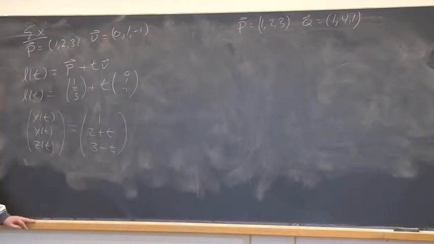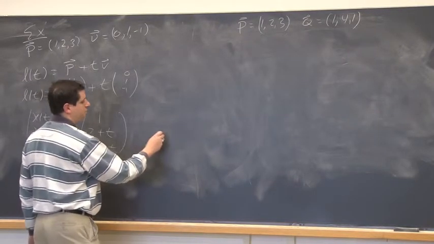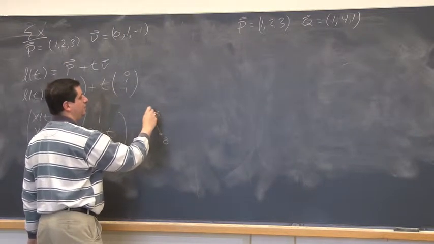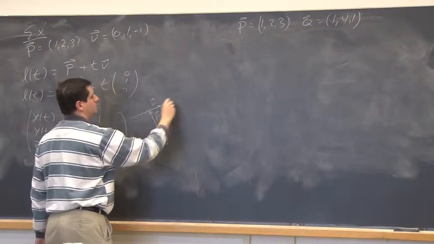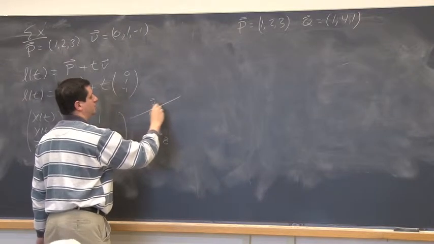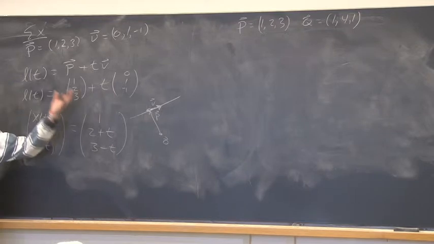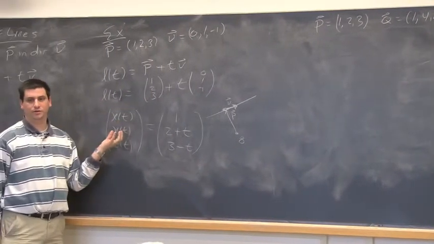So this is the equation of the line. It goes through the point P in the direction of V. So if you want, here's the origin over here, here's my vector P, here's the vector V, and this will be the equation of the line. Any questions on how we got the equation of the line in this framework?